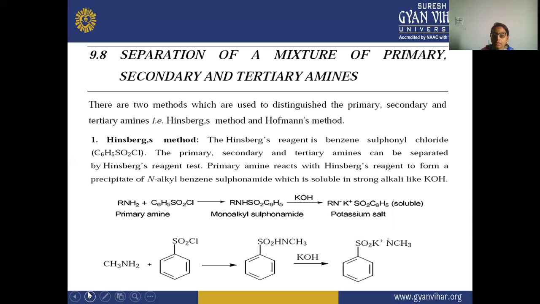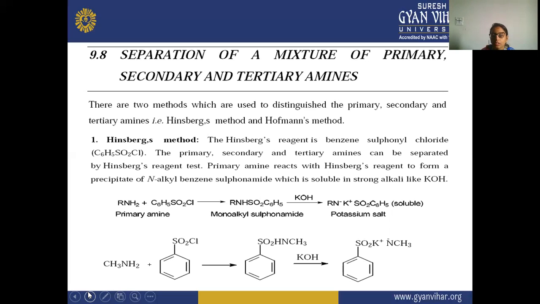In this test, the primary amine reacts with the Hinsberg reagent and forms a precipitate, N-alkyl benzene sulfonamide, which is soluble in strong alkali like KOH. Firstly, it reacts with the Hinsberg reagent, forming an intermediate.